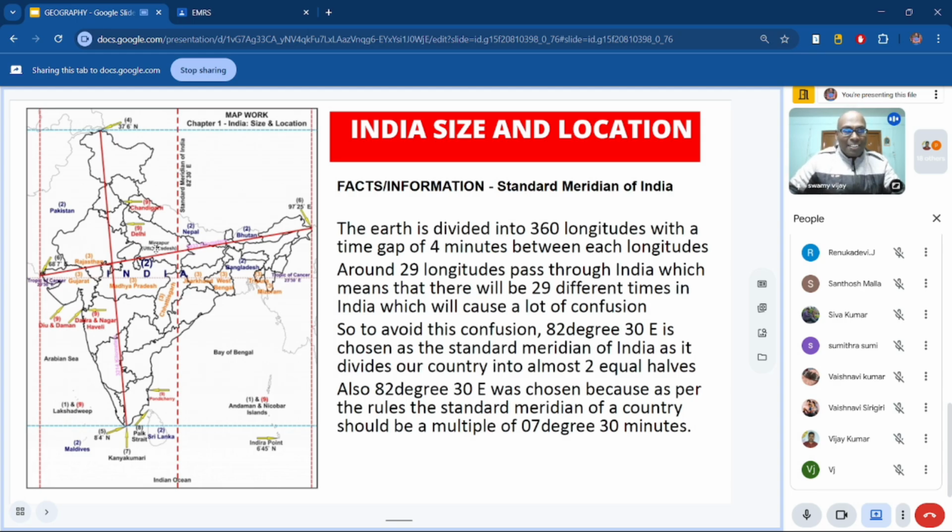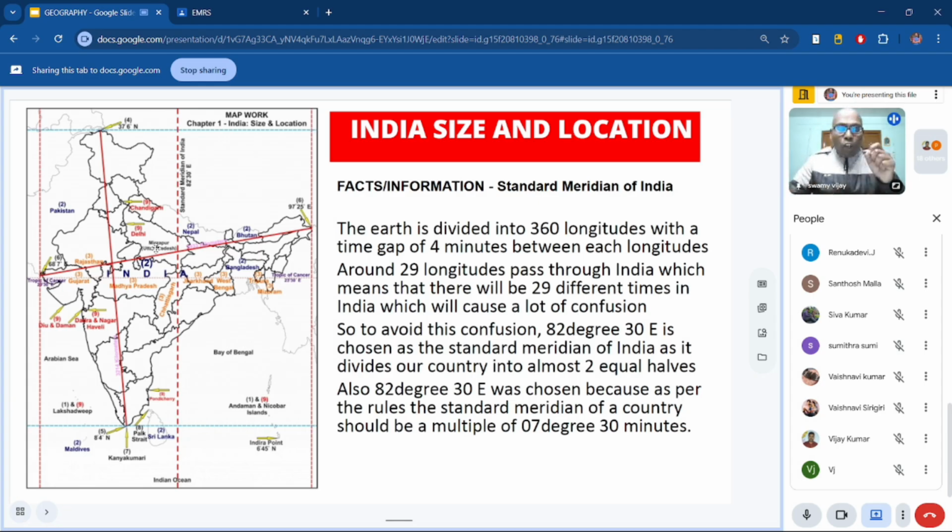Easy calculation: make it 30. 3 4s are 12, so 120 minutes minus 4. That means 116 minutes difference between Arunachal Pradesh and Gujarat. So 116 minutes means almost 2 hours difference between Arunachal Pradesh and Gujarat.